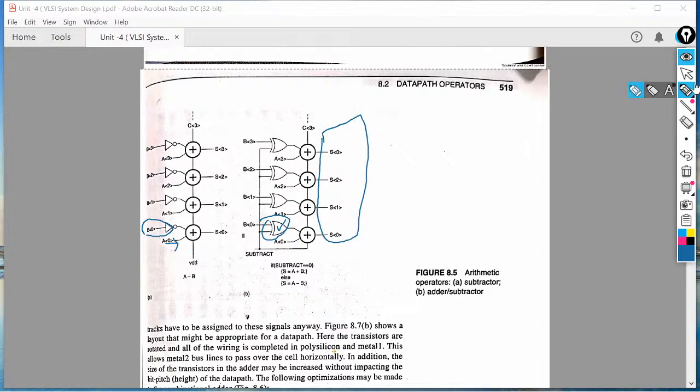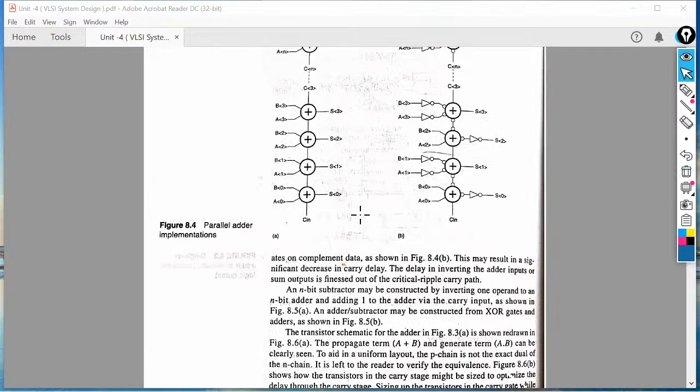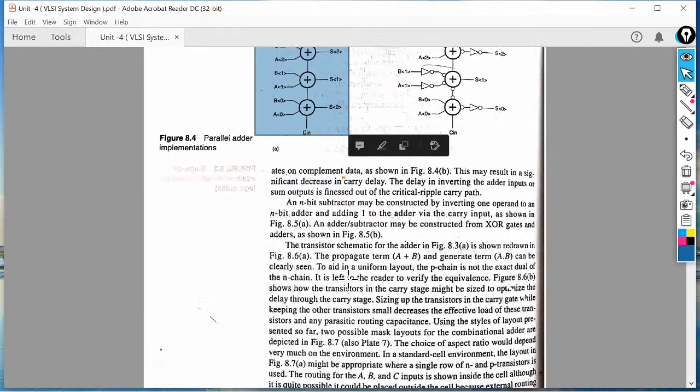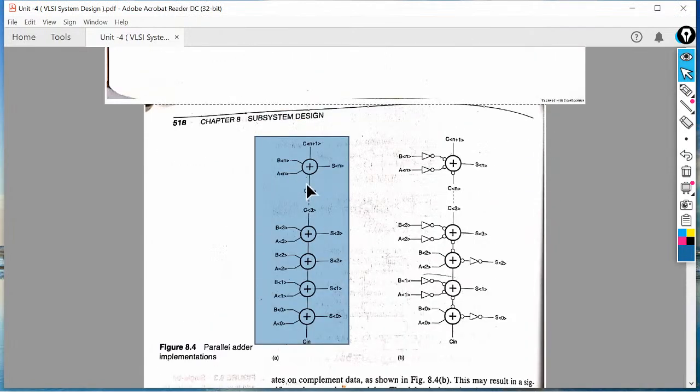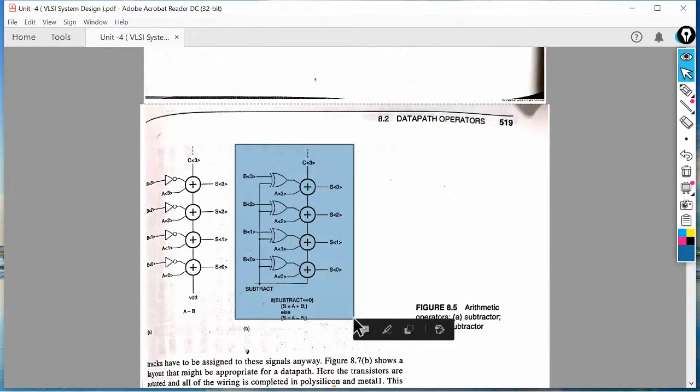So for the design of a subtraction circuit, by taking the same adding operator, you can implement it using this circuitry.